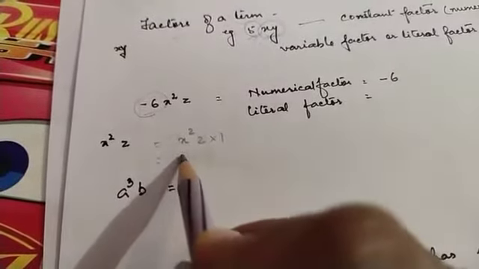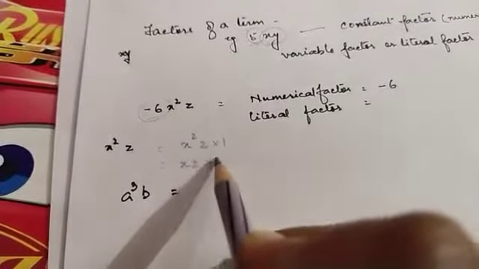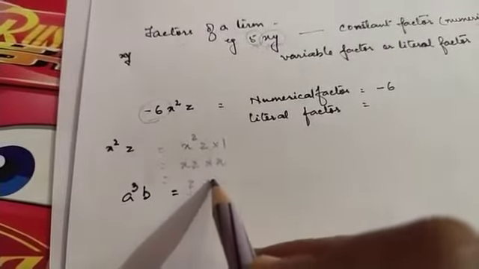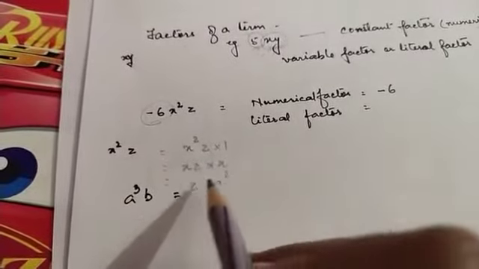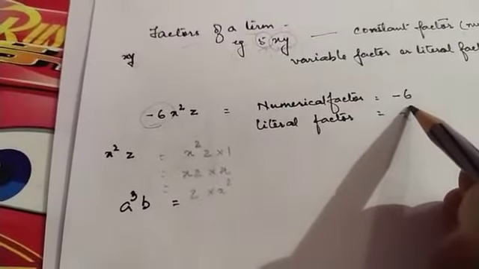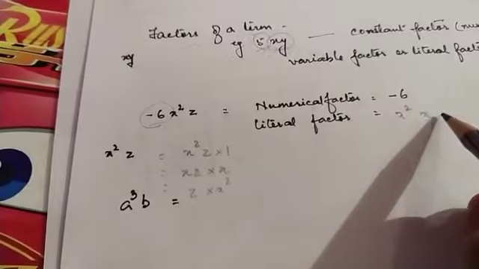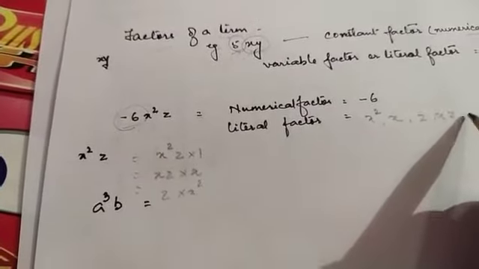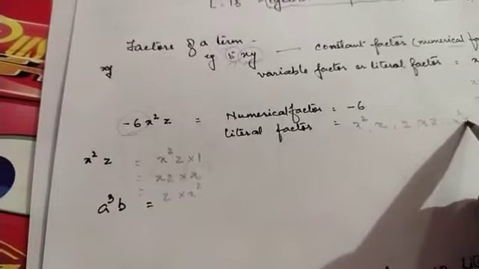This is equal to xz into x. This is equal to z into x square. So we have here x square, x, z, xz and x square z.